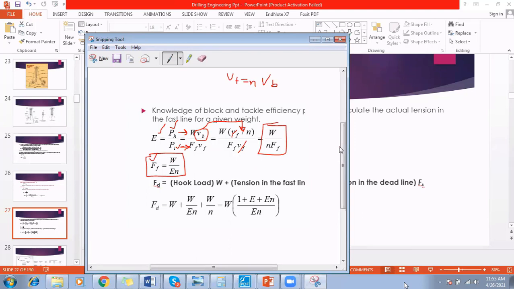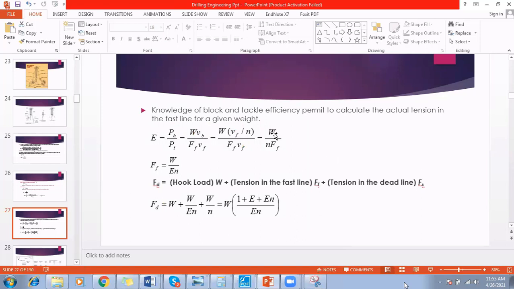So if you want to calculate the total load on the derrick, how will you calculate the total load on the derrick? This is the thing.